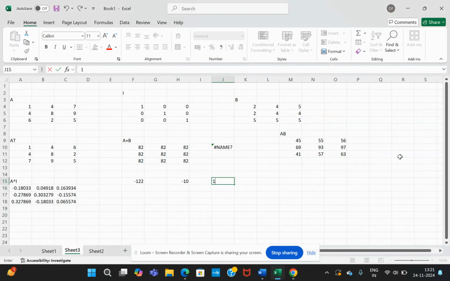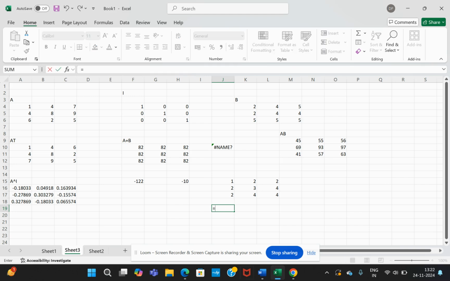Consider the matrix 1 2 2 and then 2 2, and this matrix is 3 2 4 and 4. If we consider the transpose of this matrix, we will get the same matrix.